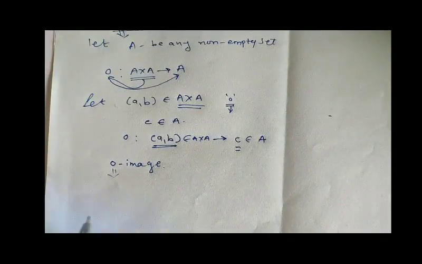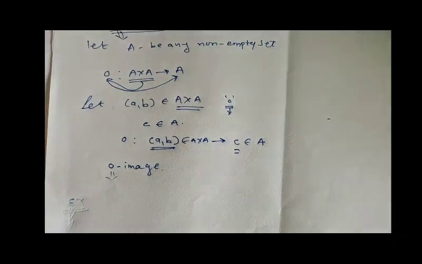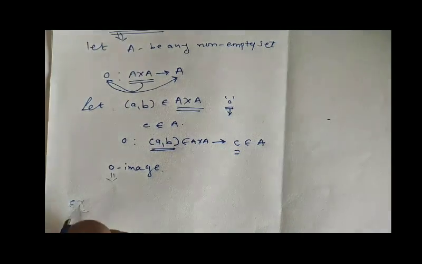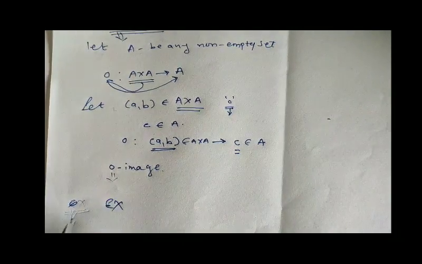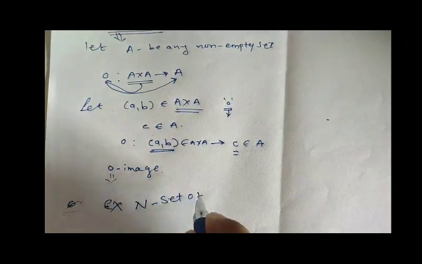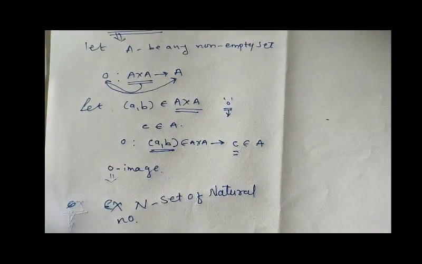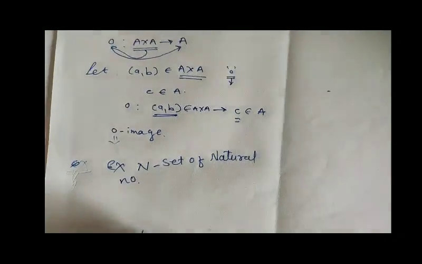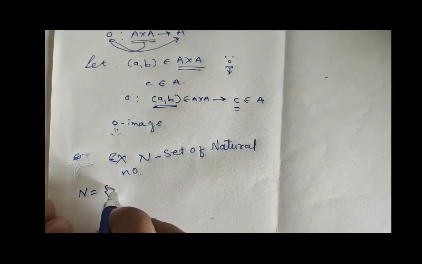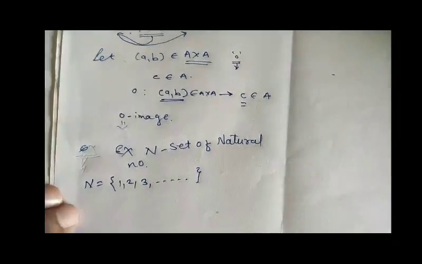Now we discuss one example. For example, suppose N be the set of natural numbers. We know that the set of natural numbers starts from 1, 2, 3 and so on.